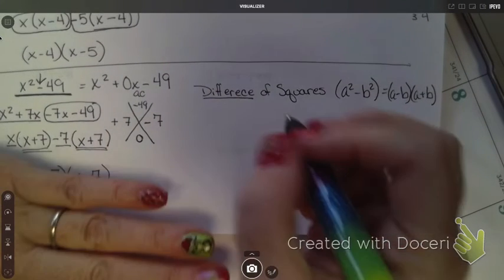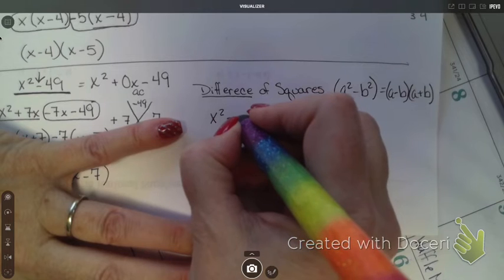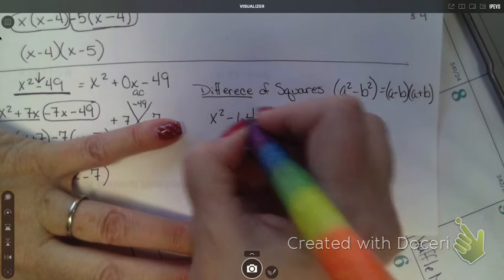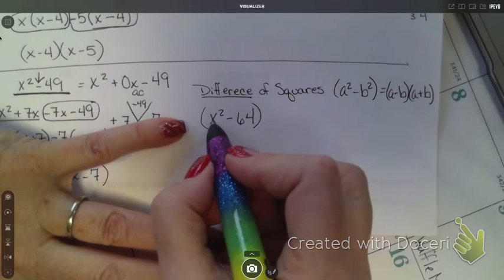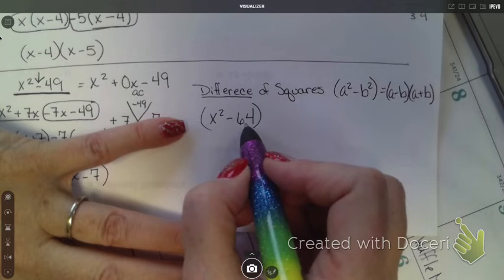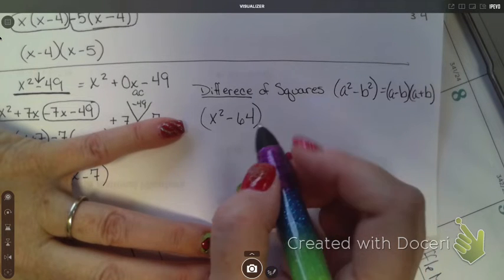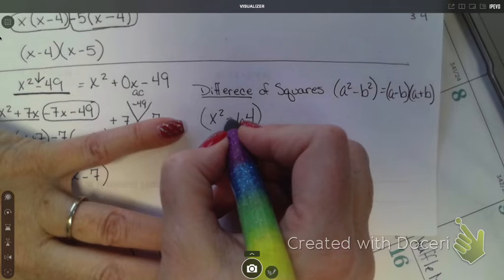Yes. Okay, so let's do x squared minus 64. Is x squared a perfect square? Yeah. Is 64 a perfect square? What's 8 times 8? 64. And do I have the difference? Yes.